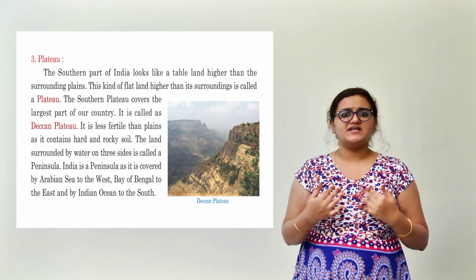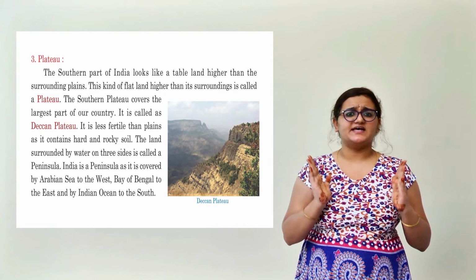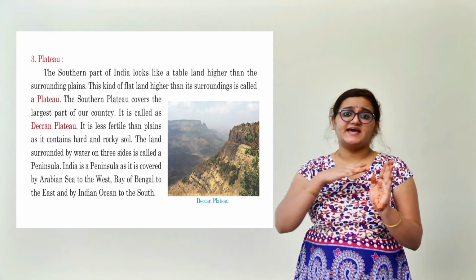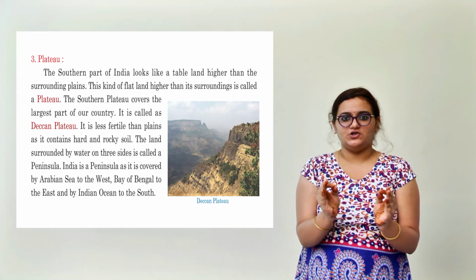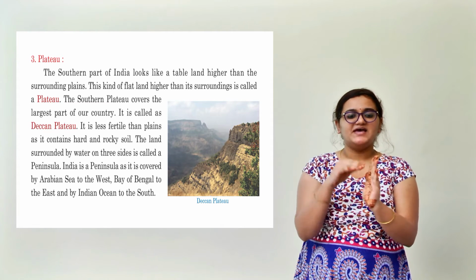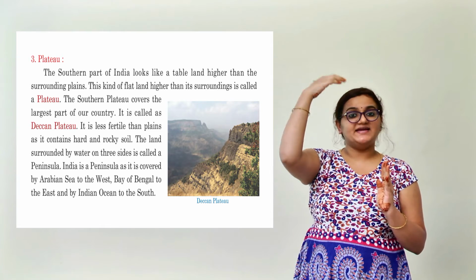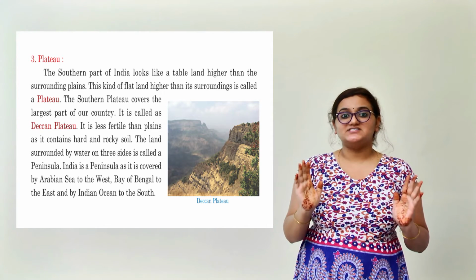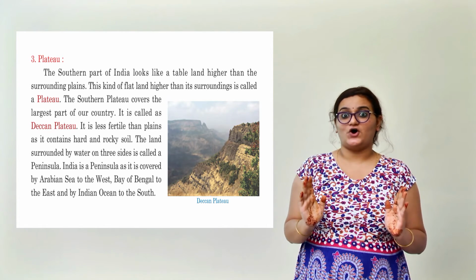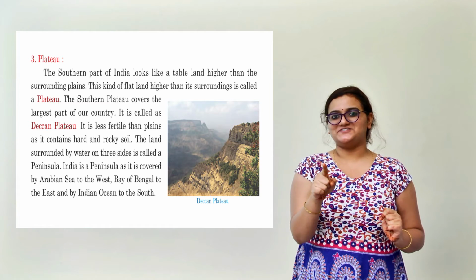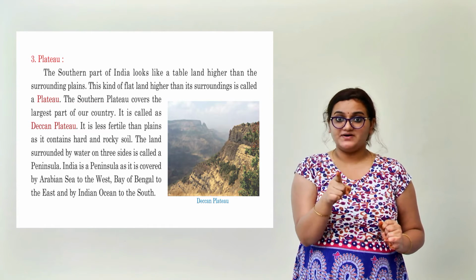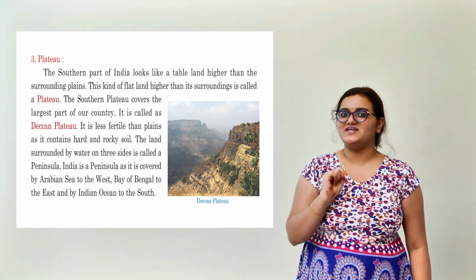Now coming to our country India, it is surrounded by water on three sides. If you carefully take a look at our India map, on three sides of our country there is water, and on one side it is land. That's why our country is called a peninsular country. Yes, if you remember, we had discussed what a peninsula is.